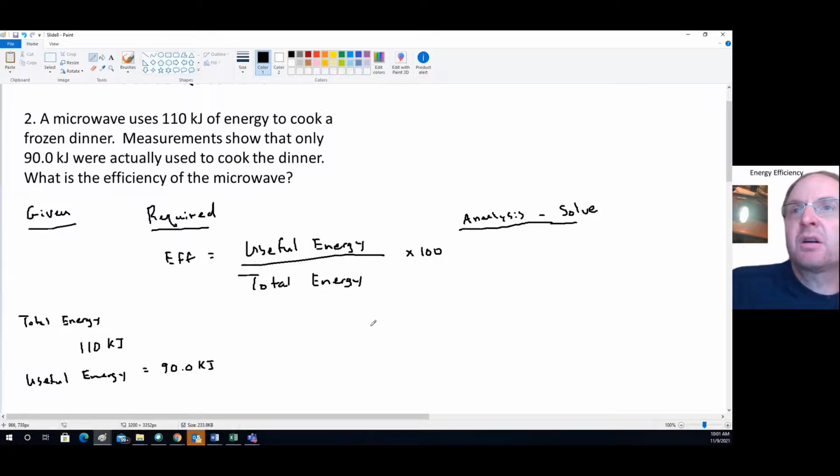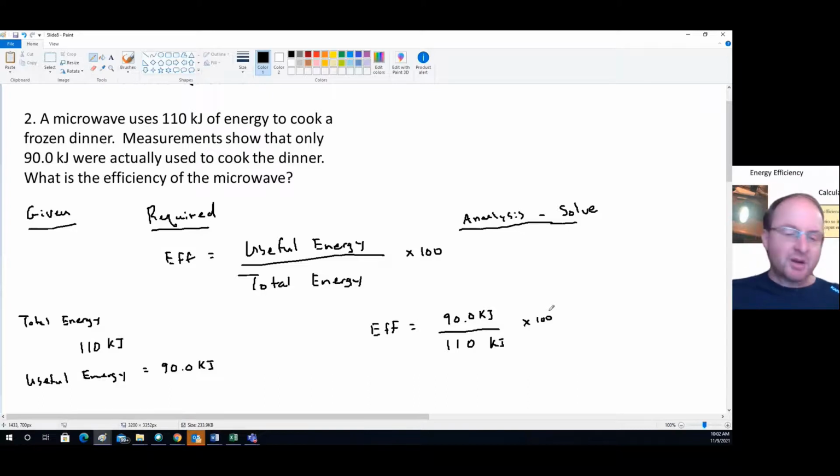And let's just do our calculation here. So our efficiency is going to equal 90.0 kilojoules, our useful, over 110 kilojoules, and then of course multiply that by 100. But first just do the 90 divided by 110. Make sure to hit clear lots. And ultimately what you're going to get is 0.8181, just 81 repeats forever, looks like.